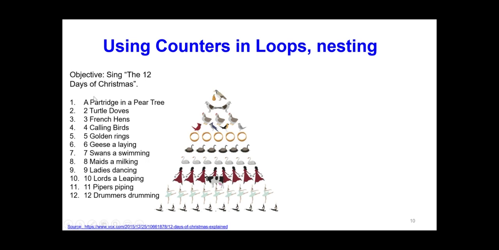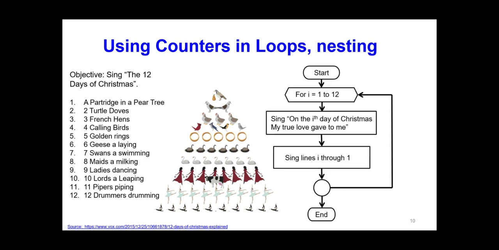And the basic idea here is that there's a building structure of components where on the first day of Christmas, my true love gives to me a partridge and a pear tree. The next time is 2 turtle doves and a partridge and a pear tree, and it repeats in that way. And because there's a repetition, that gives you the hint that you're likely going to need a loop structure.